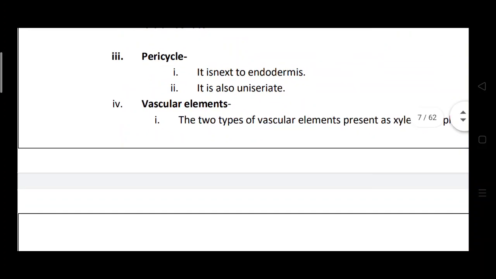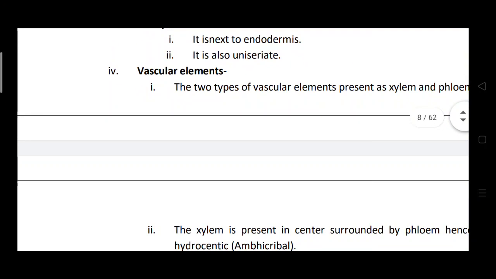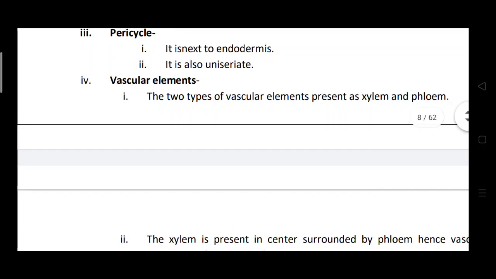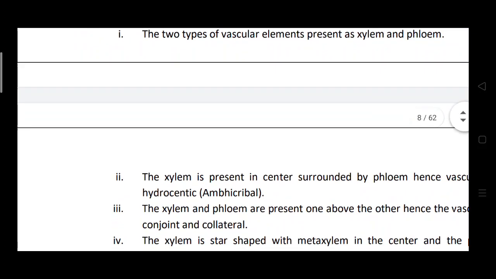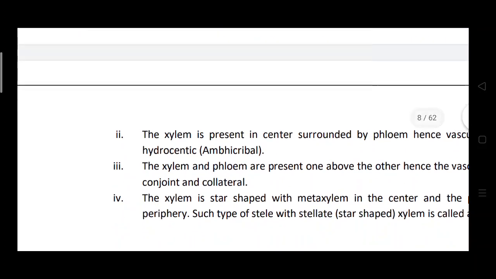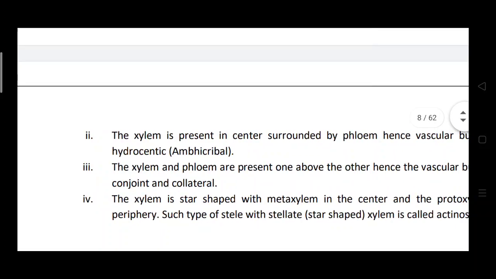Then the third part is the vascular element. In the stolon there are two types of vascular elements, that is xylem and phloem. The xylem is present at the center surrounded by the phloem, hence the vascular system is hydrocentric or amphicribal.